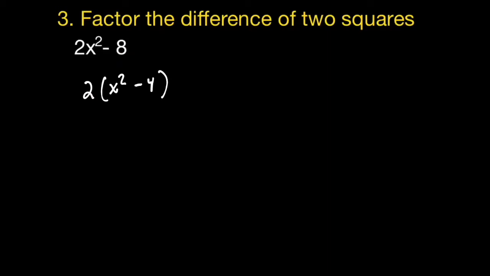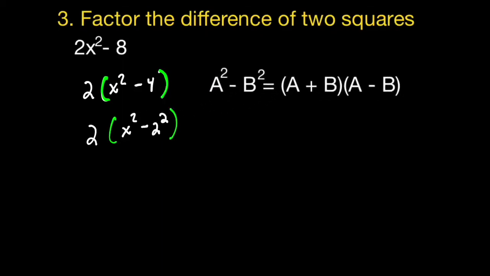If we zoom in on the inside of the parentheses, we have an x squared minus 4, and check this out. The 4 is a perfect square. That can be rewritten as 2 to the second power. It's the problem that we did for example number 1. So let's go ahead and apply the special factorization. a squared minus b squared will equal a plus b multiplied by a minus b.